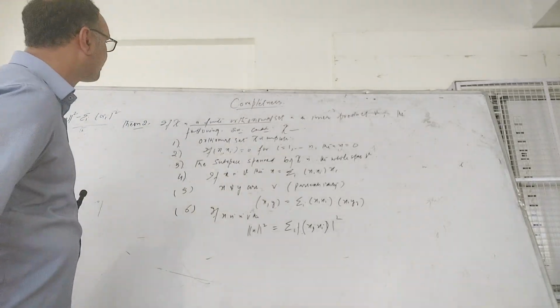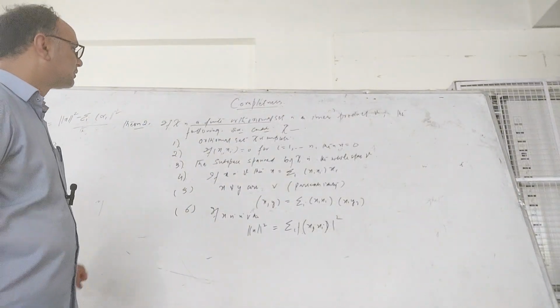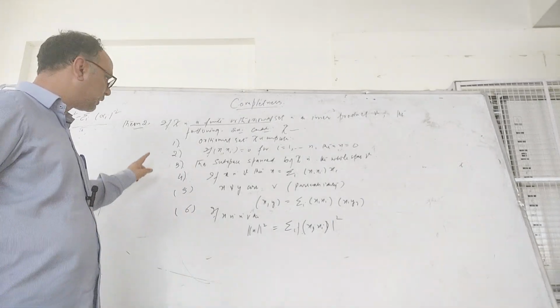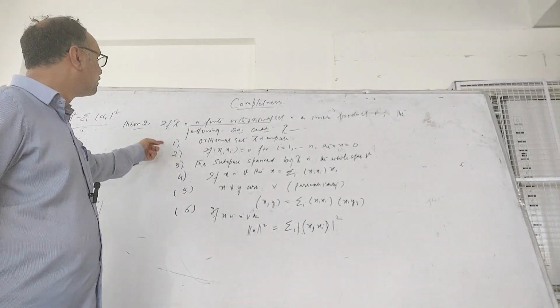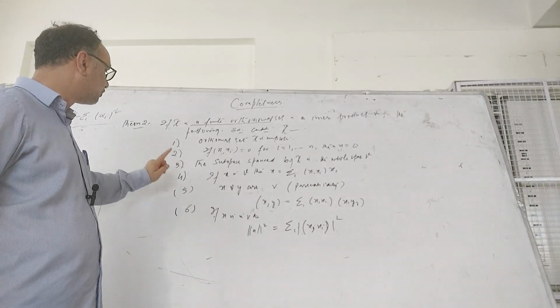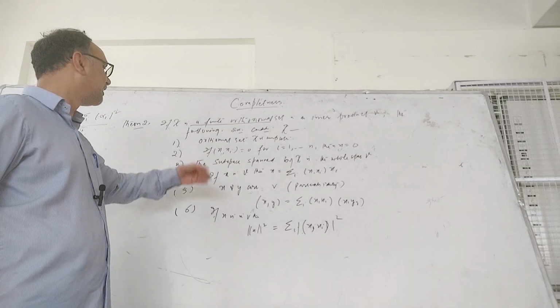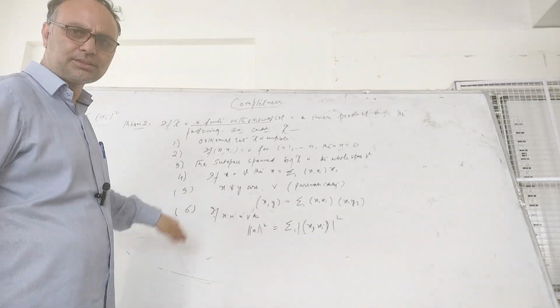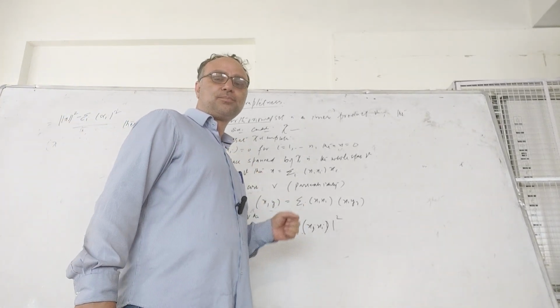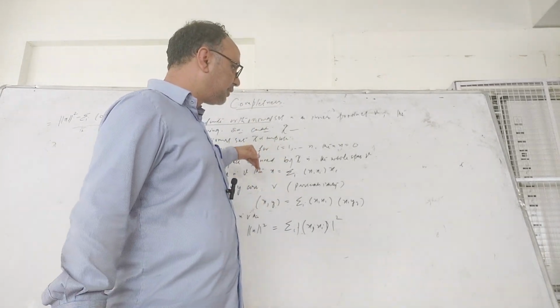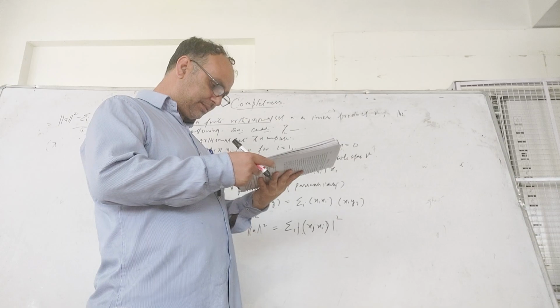So the logic of this may be shown as we follow the book, or in a general argumentation: this follows this, this follows this, this follows this, and from 6 we can arrive at the first one. So this is the procedure we are going to see.